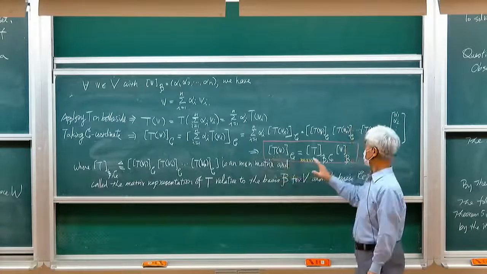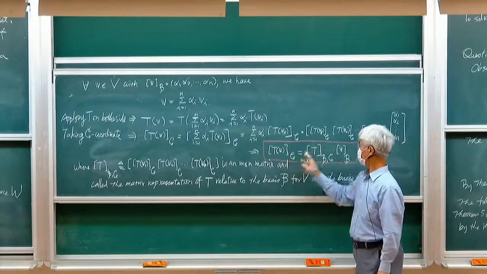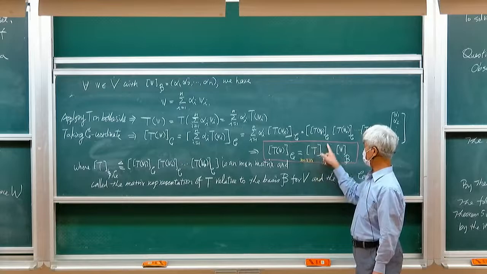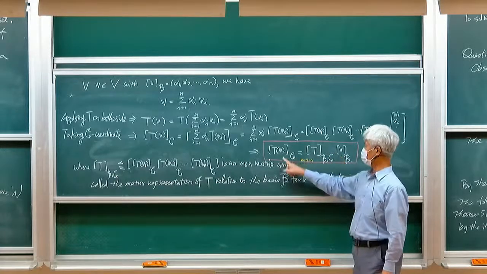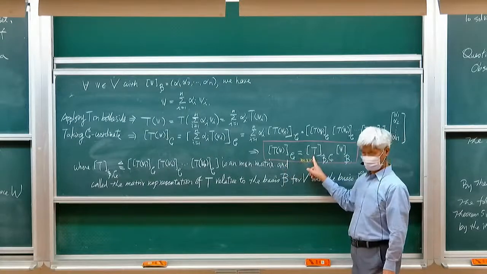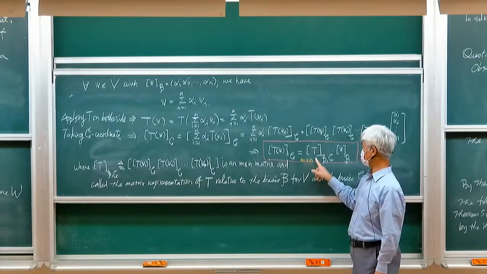And their relation is that you can transform from this B coordinate to the C coordinate by an m times n matrix.